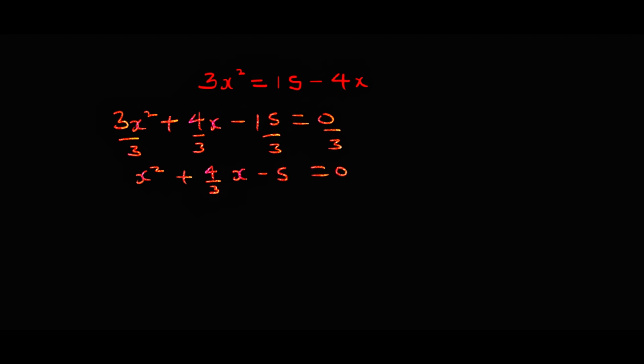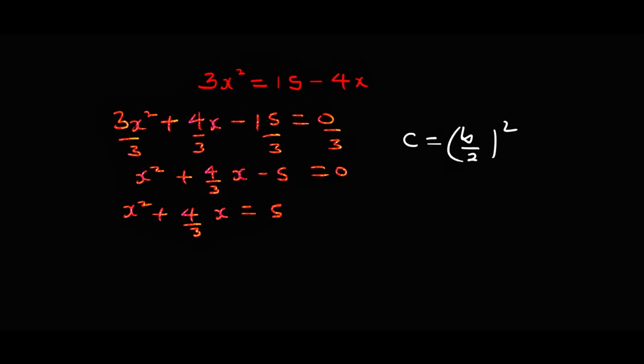Now the next step would be to move the constant term to the right hand side, that is x squared plus 4 over 3 x is equal to 5. You realize the moment you move 5 to the right, whatever is left on the left hand side is an incomplete square. So we use the relationship between c and b to get the new c. So c is given by half of b squared.